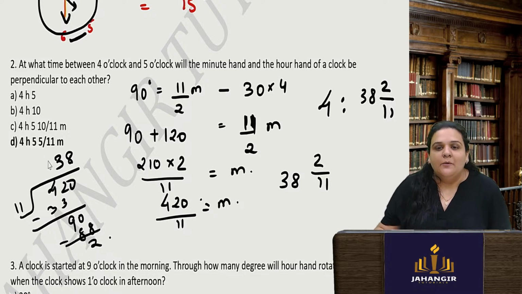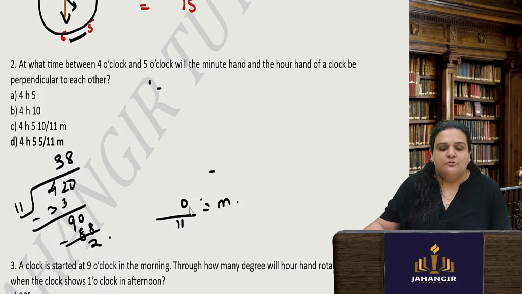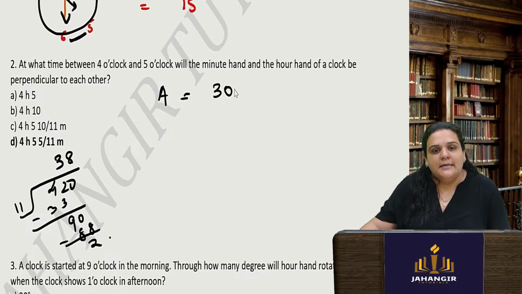Okay, now when the answer is not there in the options, then you will have to change your equation a little bit, means you have to change this formula. Don't worry, we will do the same thing only, but now the formula will be a little different. The angle will be equal to 30h minus 11 by 2m.